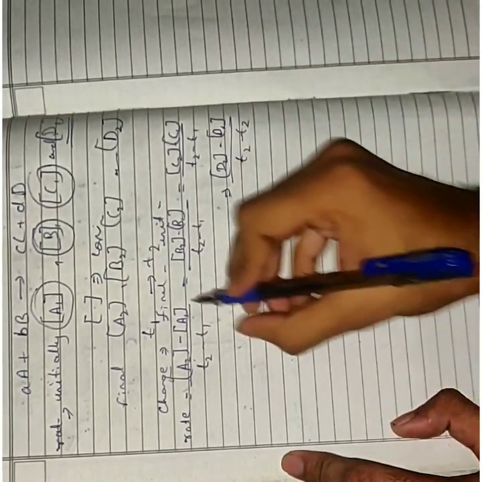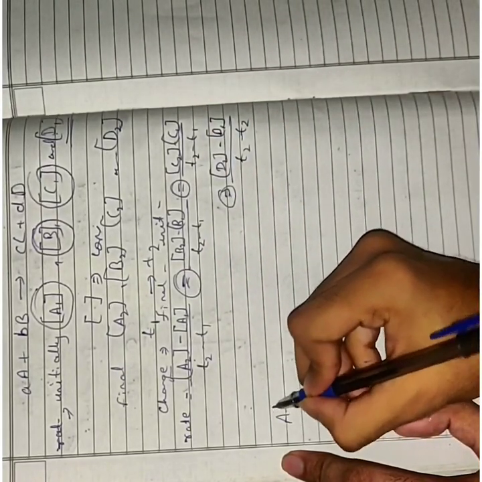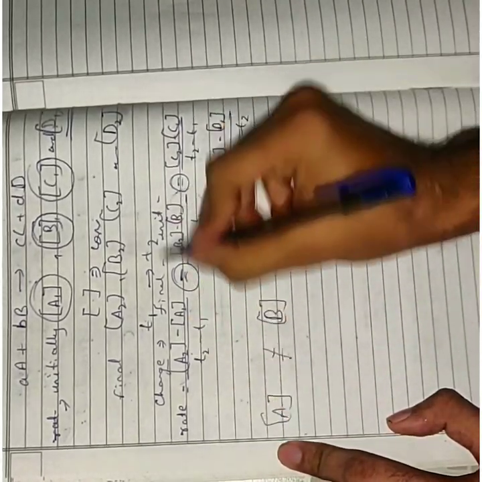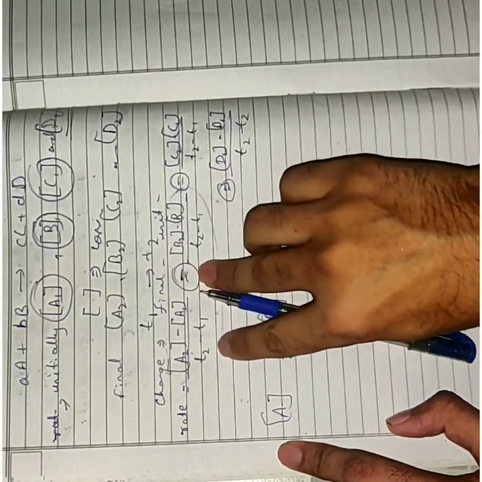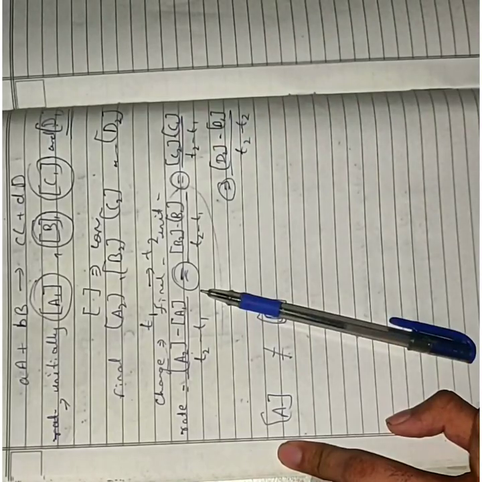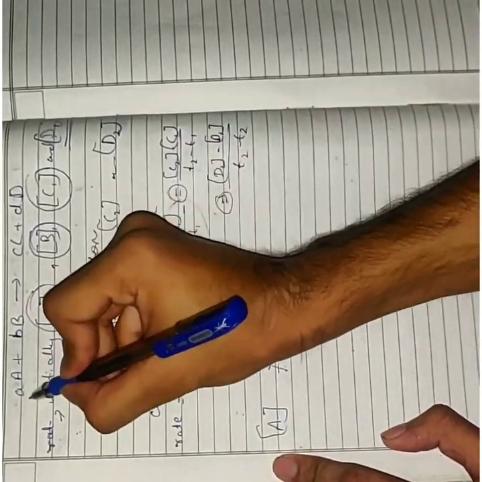Now the question arises, why are these equal? Concentration of A may not be equal to concentration of B. So why are these equal? See, the amount of reactant reacting will correspond to the amount of product formed. Right, so everything happens with respect to the balancing.